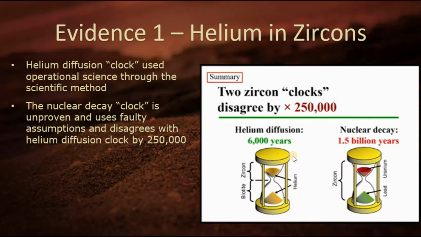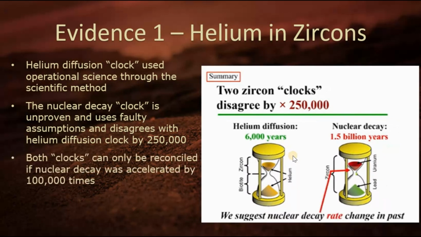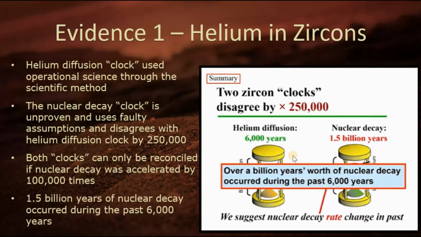You multiply 6,000 times 250,000, you get 1.5 billion years. So both clocks can only be reconciled if the nuclear decay with the uranium going to lead was accelerated 100,000 times. So 1.5 billion years of nuclear decay occurred during the past 6,000 years.